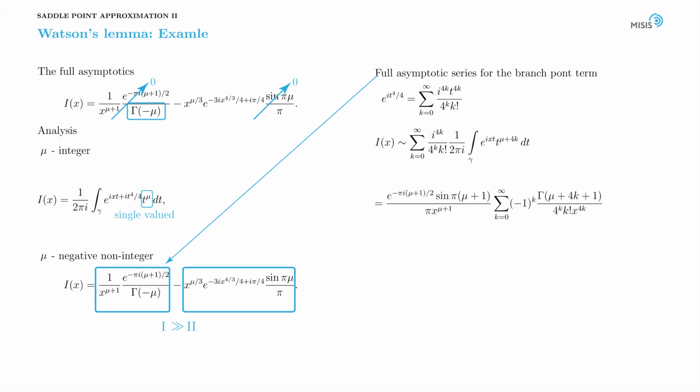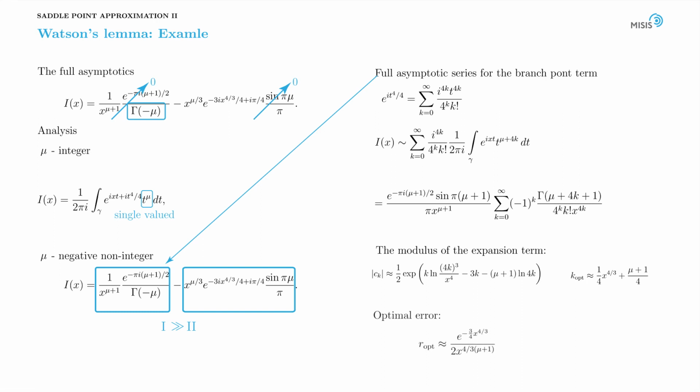The optimal remainder term, as usual, can be estimated at the minimal expansion term as a function of k. Assuming that the optimal k is large, we use Stirling formulas for the gamma function and factorials. So the modulus of the expansion term can be estimated as follows. The optimal k is easily found by the differentiation of the exponent. And the value of the optimal remainder term is as follows.